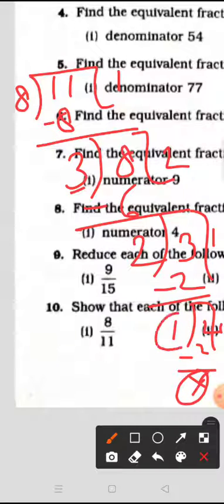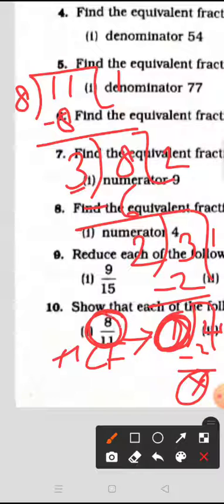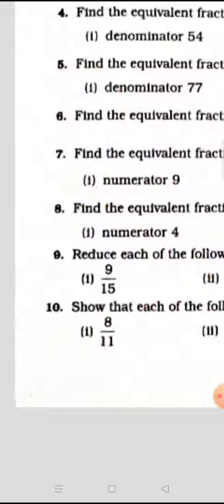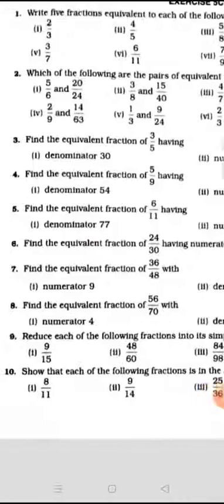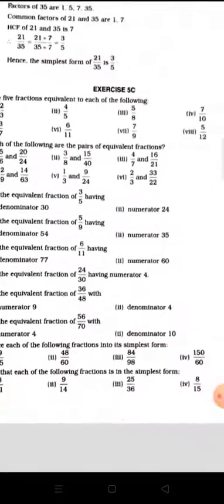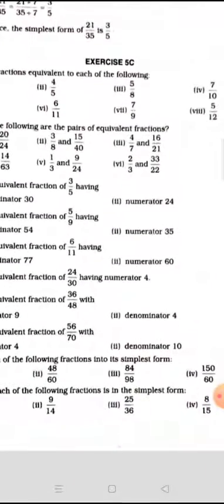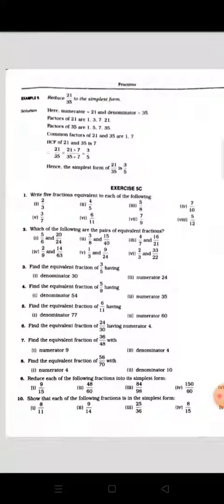It means this will be your HCF. If you get the HCF as 1, then it means this number is in simplest form. Otherwise, not. Like this, you have to divide the remaining ones and find which one is in simplest form and which one is not. So do it on your own.